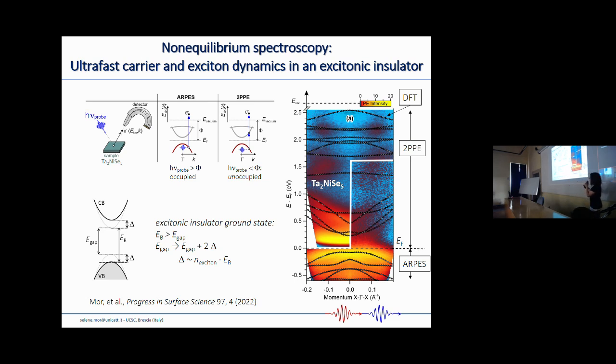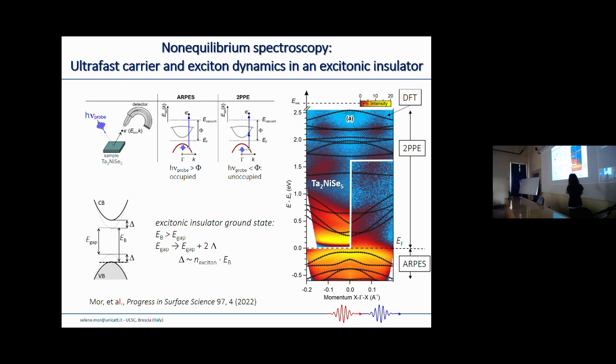But then you can also pick a photon energy which is lower than the work function, and then photoemission will take place only upon coherent absorption of two photons within the same pulse. This is a trick that is quite commonly used now to address the unoccupied states, because with only one photon they would never be addressed, those bands being empty.